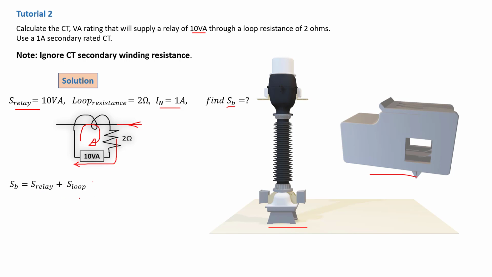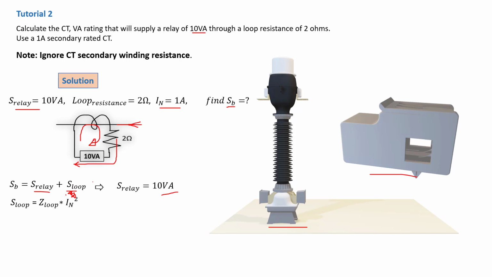But how do you determine this S of the loop? You know this is apparent power. What's the formula for power? Power has many formulas. That's the only unknown we have here, because we know that the S of the relay is equal to 10 VA. But how do we determine this one? This is very simple.